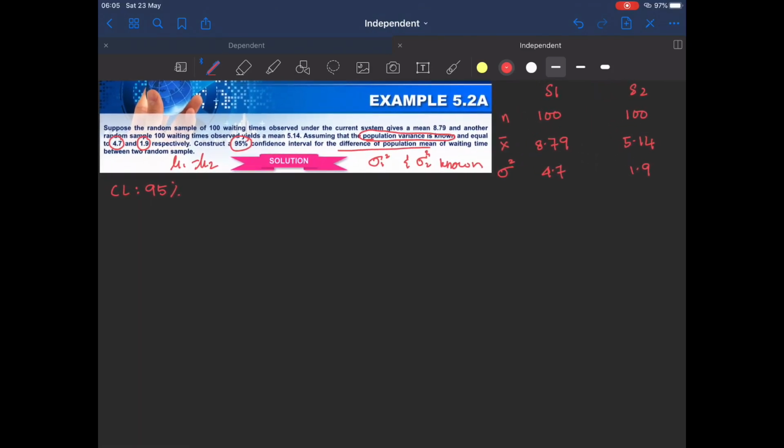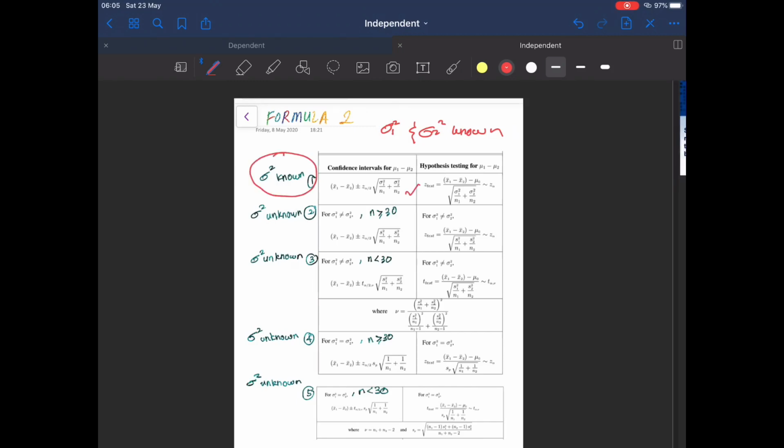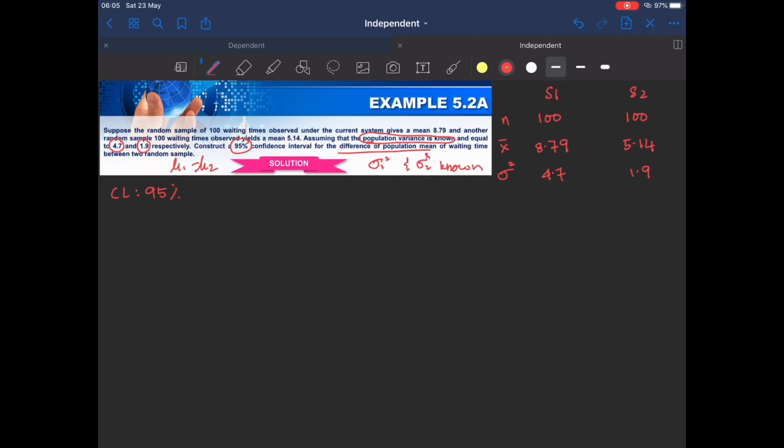Alright, first, which formula do you want to use? Okay, look at the formula. They said that sigma 1 square and sigma 2 square are known. So, known, use the first formula.